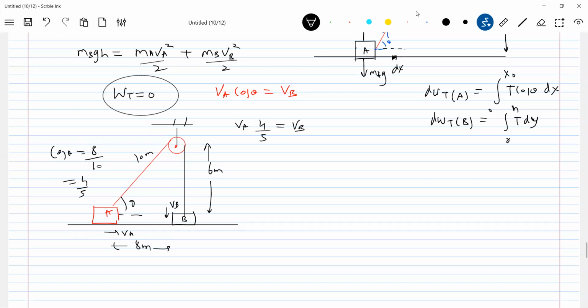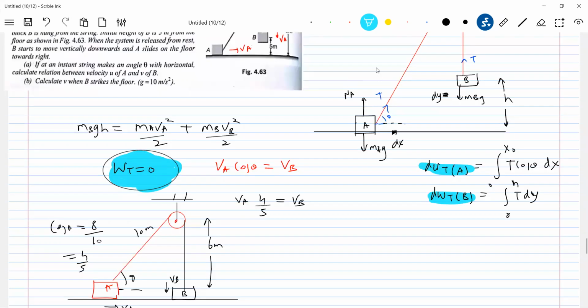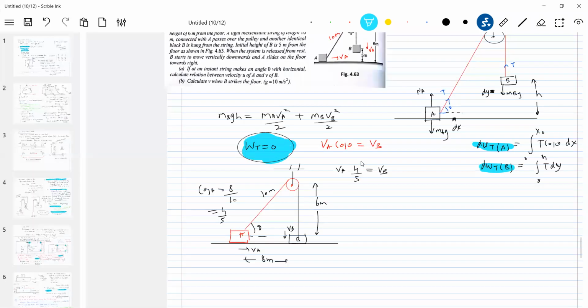But how to get work done by tension? We have to really fight with this mathematics. We should take help of this condition. Okay, these are the different ways of numericals that you will come across. Somewhere the integration will come.